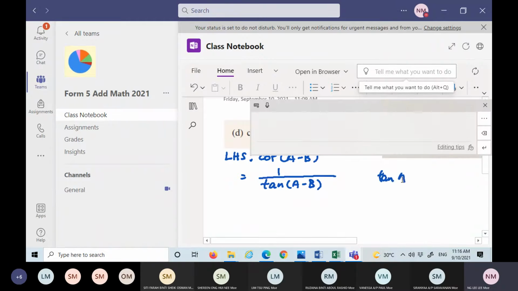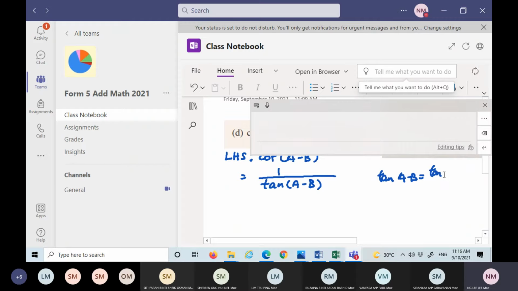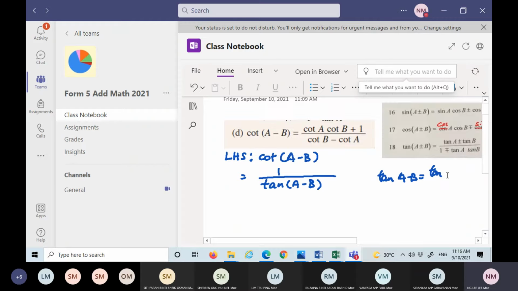Okay, tangent A minus B is equals to tangent A minus A, the bottom one. So bottom one is minus tangent A minus tangent B, over 1 bottom one plus tangent A tangent B. Okay, let me check.